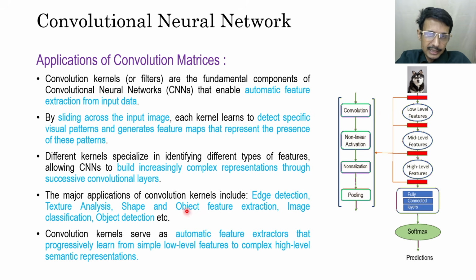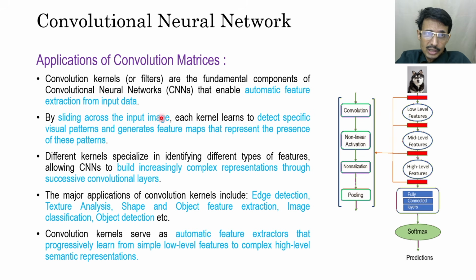The major applications include edge detection, texture analysis, shape and object feature extraction, and image classification. Importantly, the convolutional kernels serve as automatic feature extractors that progressively learn from simple low-level features to complex high-level semantic representations. This is very important and will be understood in much more detail.